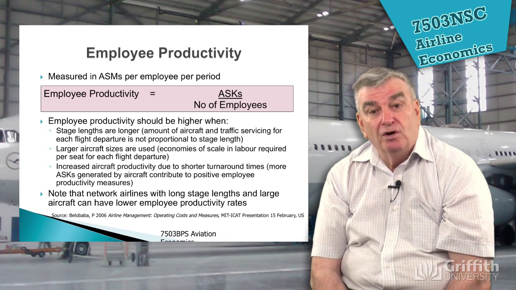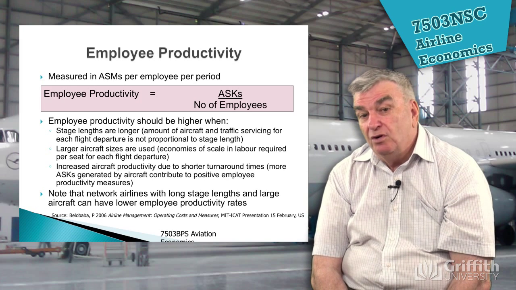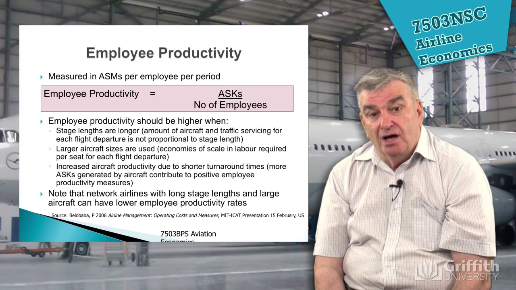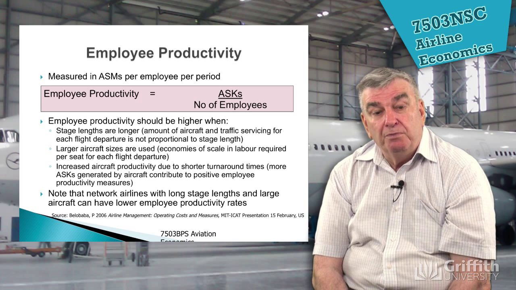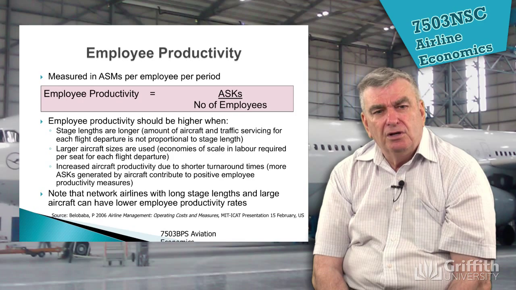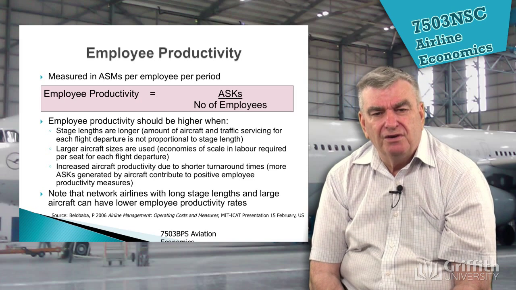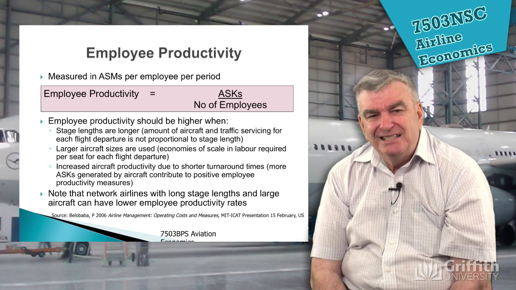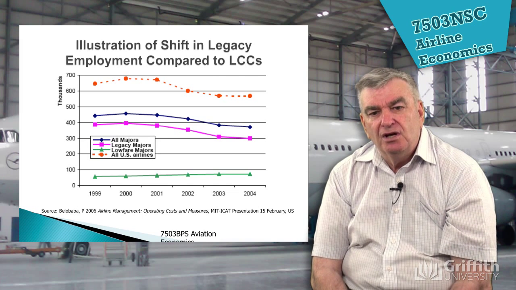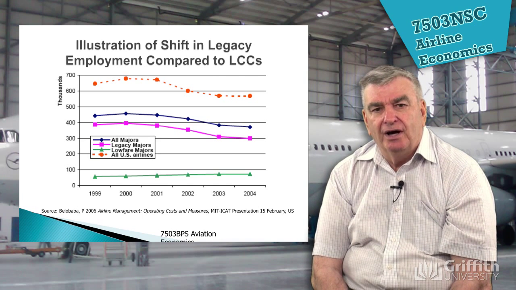And for example, one of the basic statistics that we'll look at very early in the course is how one airline has 200 people for every aircraft sitting on the line, whereas another airline has 100 people. A huge difference in productivity. But that by itself is not enough. We've got to look at that air seat kilometres, and we'll be calculating that right throughout.